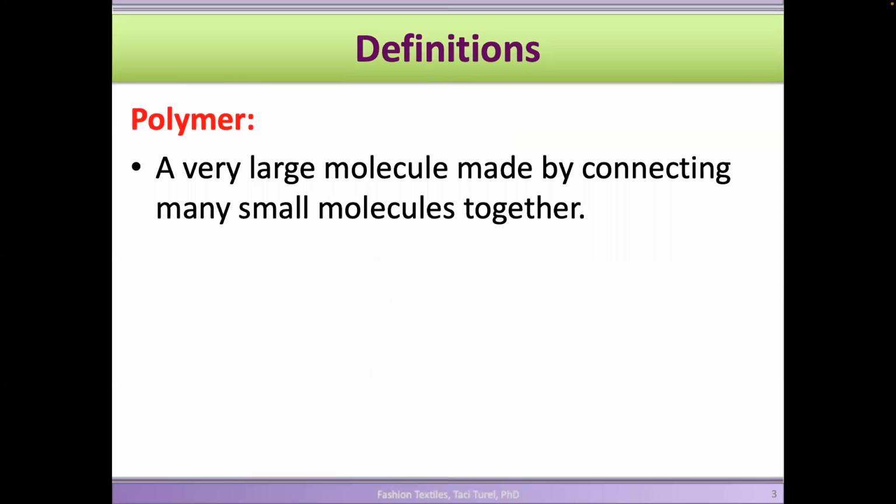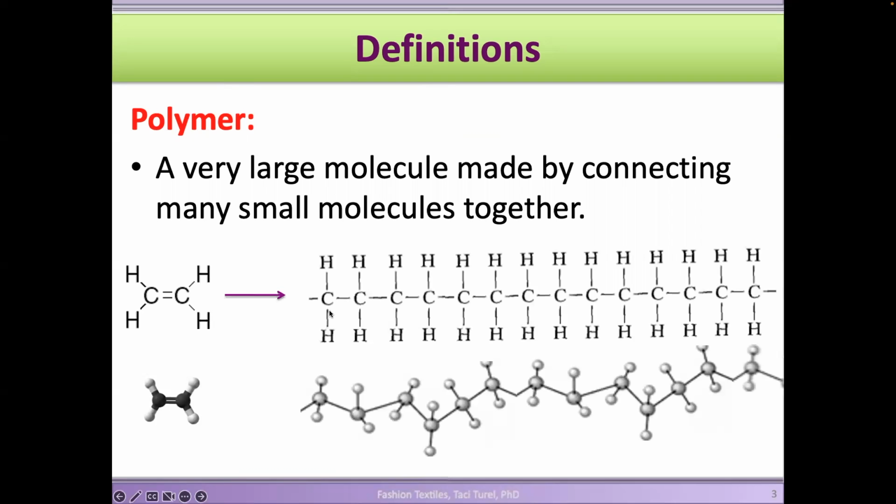Now, polyester or any manufactured and synthetic material is basically a very large molecule that is made by connecting many small molecules together. So this, for example, is ethylene. It is 2 carbons, 4 hydrogen atoms. And when you break that bond and you just keep mixing them all together, they create a long polymer like this.